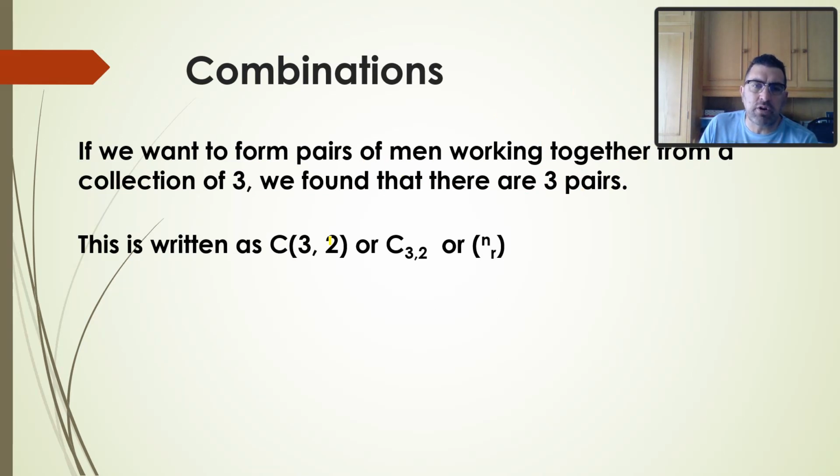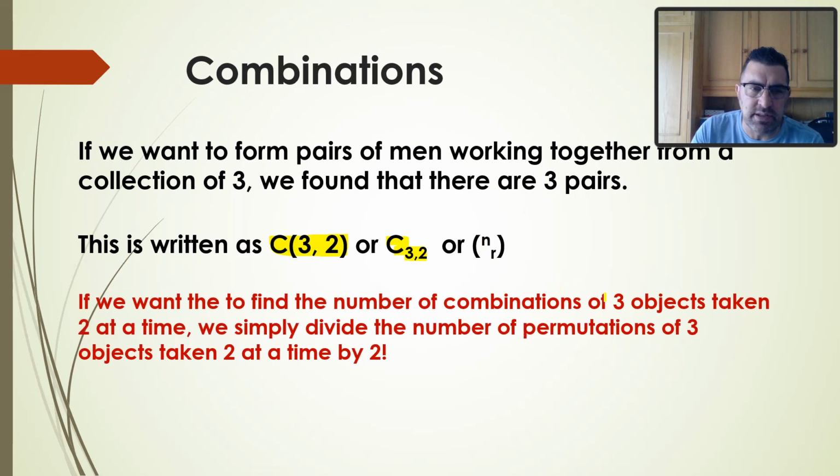So it's a combination of 3 choose 2, which again is written either like that or with a 3 and a 2 there. There's different ways to write these things. If we want to find the number of combinations of 3 objects taken 2 at a time, we simply divide the permutations of 3 choose 2.